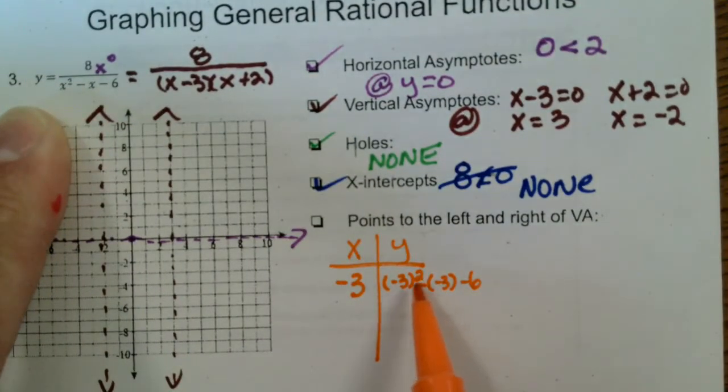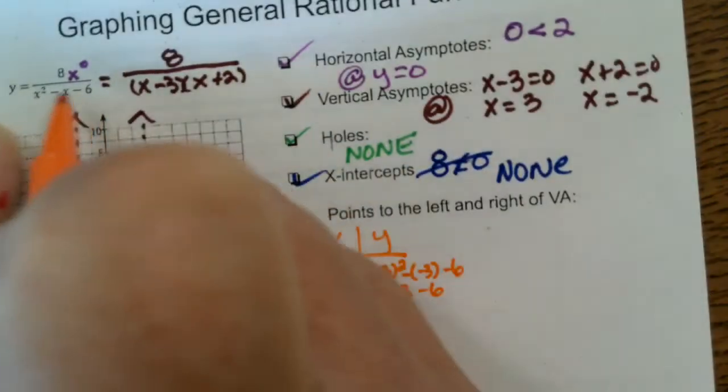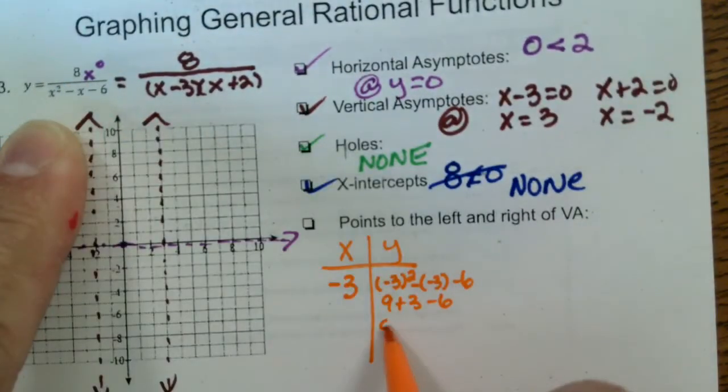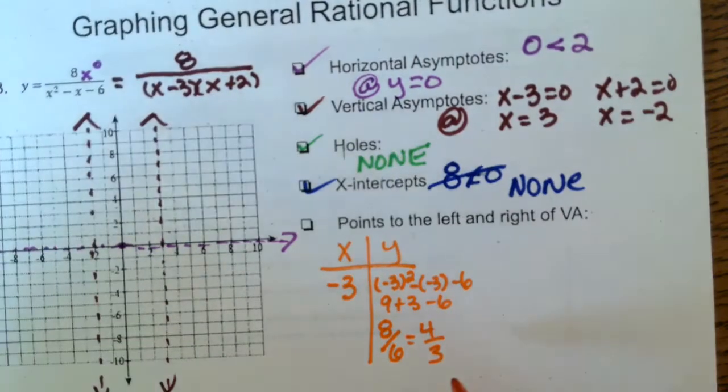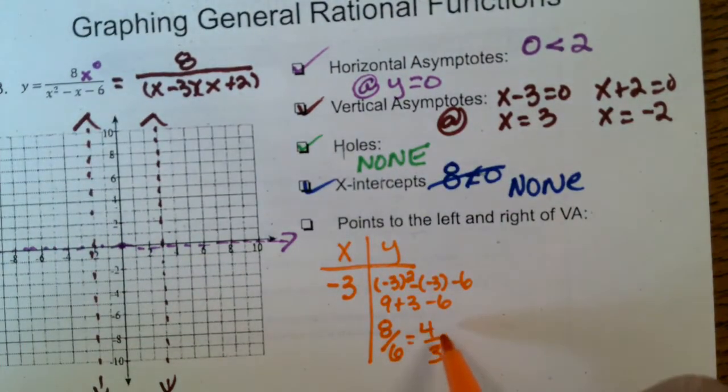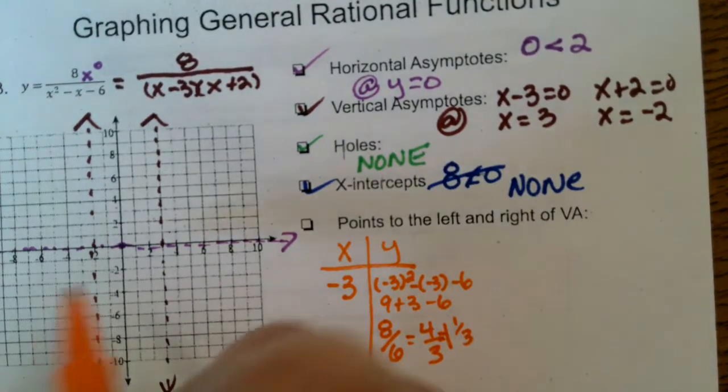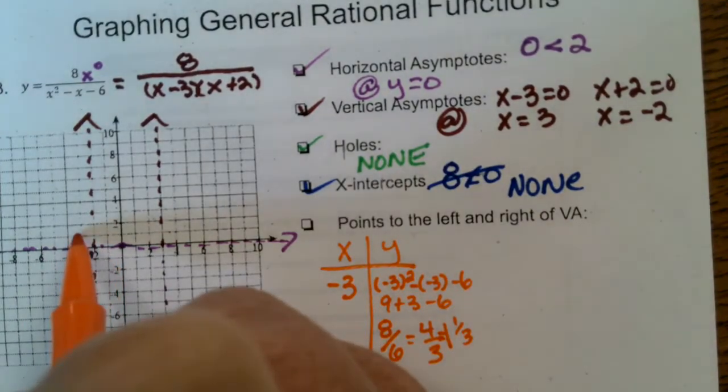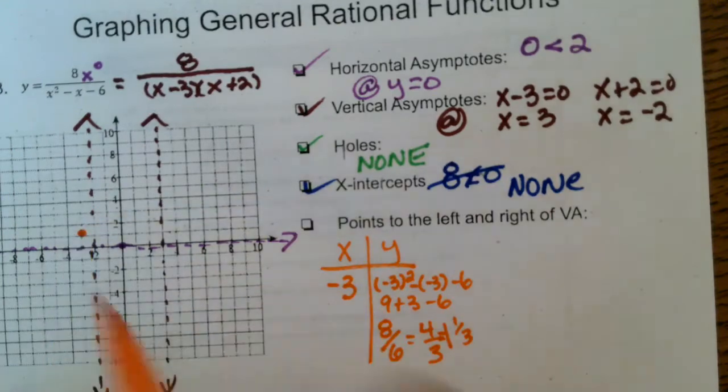So negative 3 squared is 9 plus 3 minus 6. That is 12 minus 6, or 6. And actually, that's just the denominator. So it's 8 over 6, or 4/3. So we go 1 and 1/3 is our y value. So negative 3, 1 and 1/3 is just a little bit further.